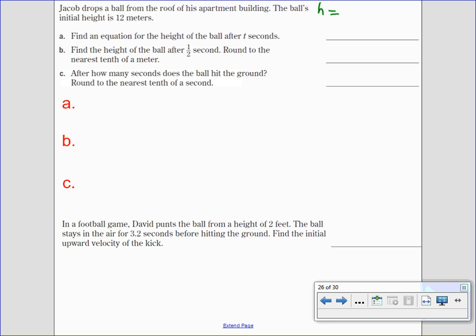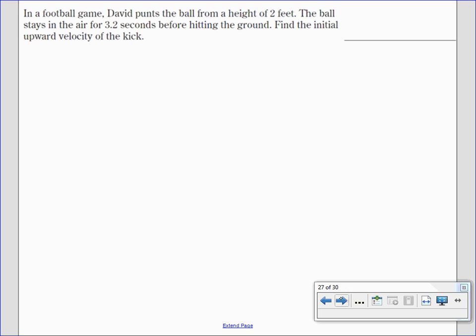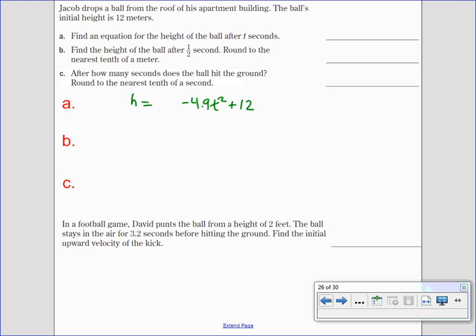If this is meters, it would be negative 4.9 t squared, and then plus my initial height. In this case, plus 12. So my original equation is given by negative 4.9 t squared plus 12.